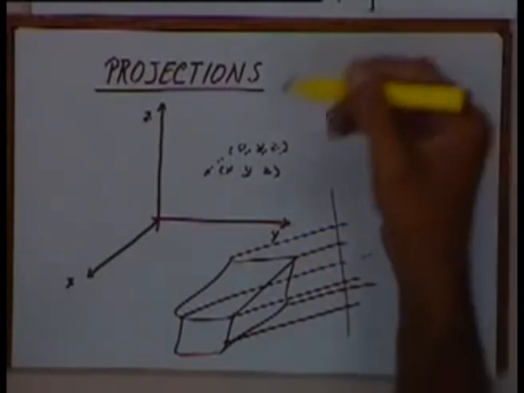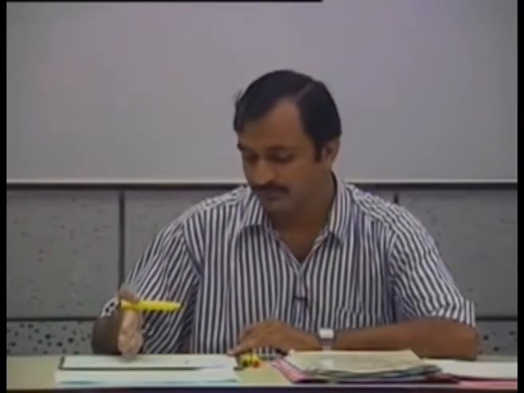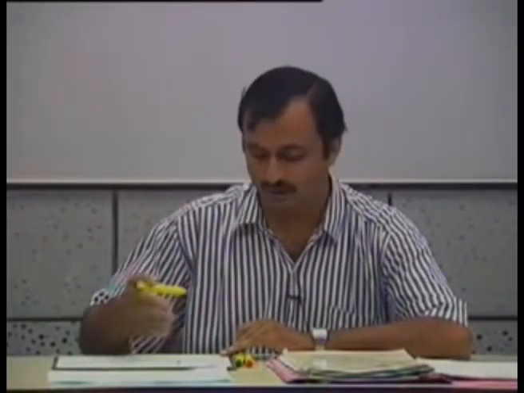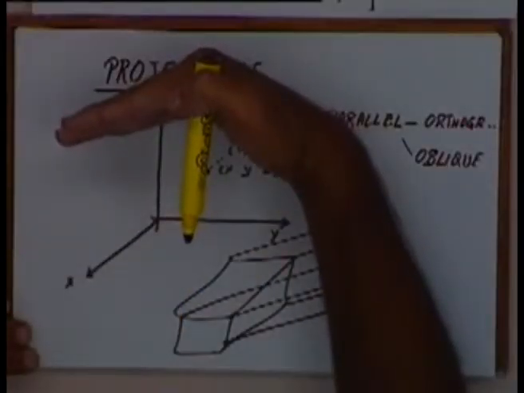The three standard orthographic views that you see, the front view, the top view, and the side view or profile, are obtained when the projecting plane is perpendicular to the y-axis, the x-axis, or the z-axis. Then you get your standard orthographic views.